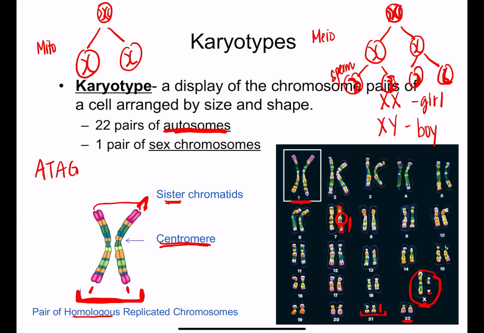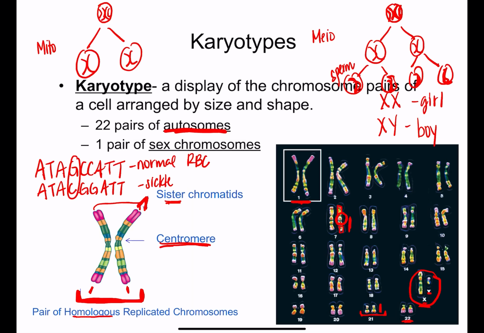So let's say, for example, I don't know the sequence, but I'm going to call it this. Let's say this makes a normal red blood cell. A sickled red blood cell is just one change. It's one letter that got screwed up, okay? So that is a genetic disorder. It can be inherited or passed down, but that is not something that you would be able to see in a chromosome.